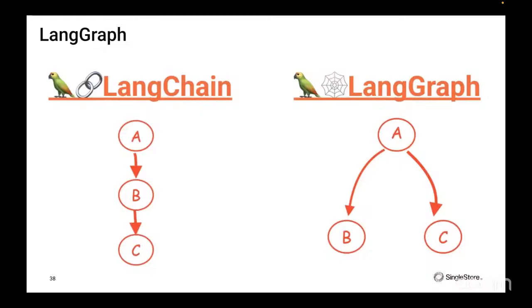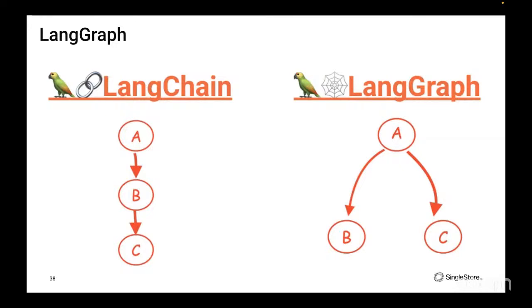LangGraph comes under the ecosystem of LangChain. As you can see, LangChain is here to build very simple chatbots with predefined rules, A, B, C. The flow is one way. You can't do dynamic actions here.